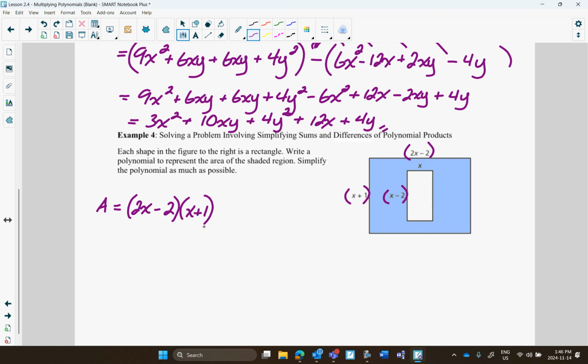The area of the small one is going to be x times x minus 2. And then to get the shaded region, the blue region, I subtract the big area by the small area. So this is the big rectangle. This is the small rectangle. See if you can do it.